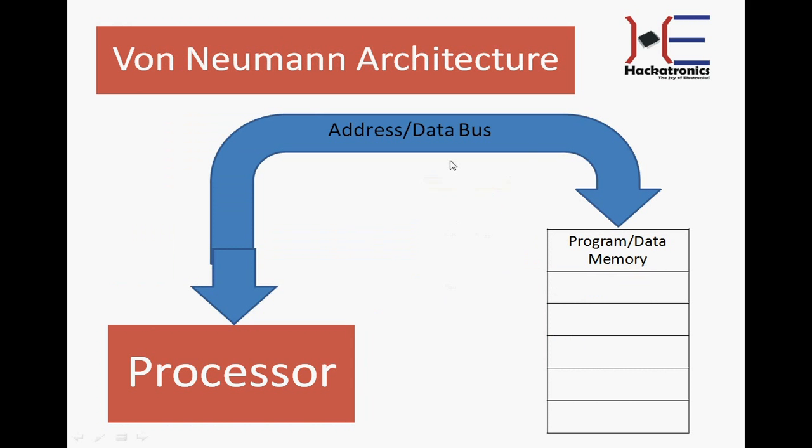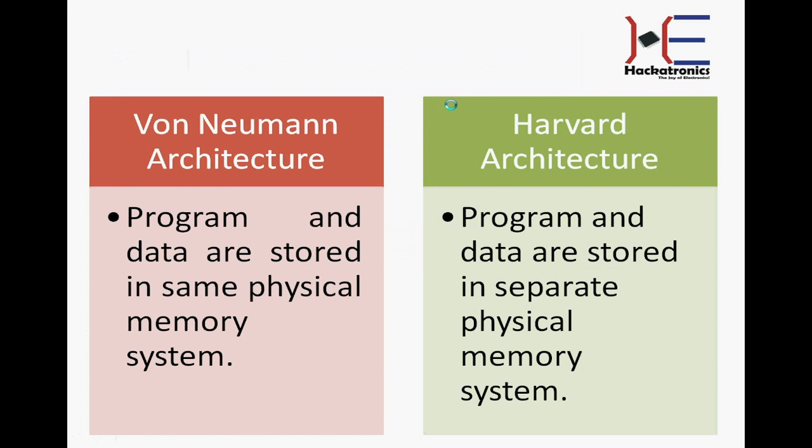Now, one important thing I would like to tell you that in this generation, you would not find anything that is completely von Neumann architecture based or completely Harvard architecture based. Today you will find modified Harvard architecture or modified von Neumann architecture. Now what is this modified architecture?